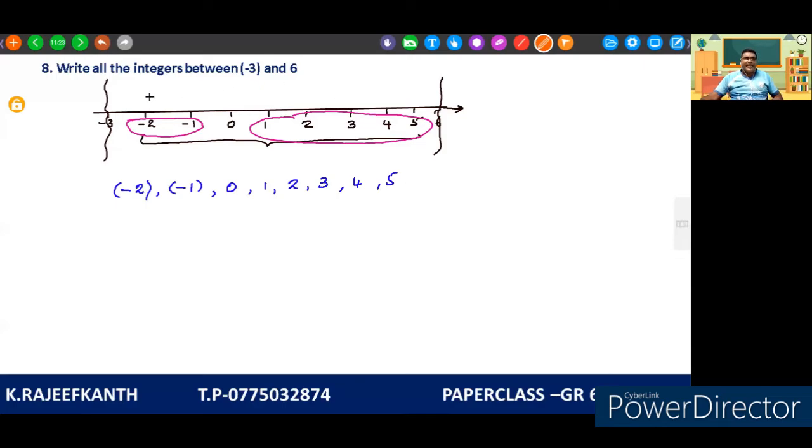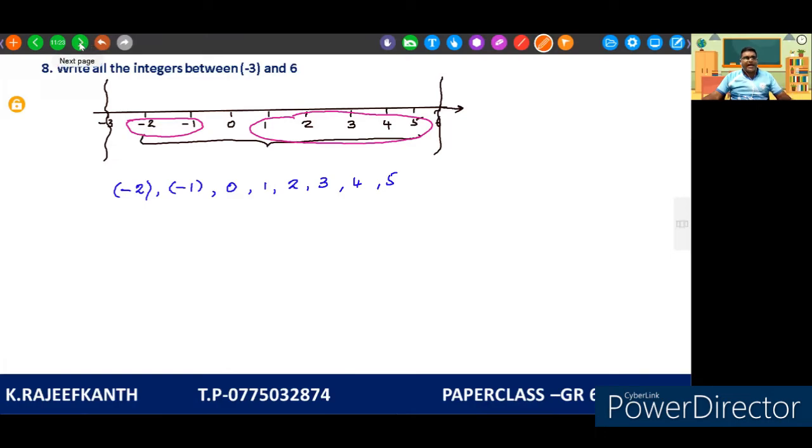We can't take -3 and 6 because they are asking us to write all the integers between -3 and 6. So these are the numbers: -2, -1, 0, 1, 2, 3, 4, and 5. These are the integers between -3 and 6.